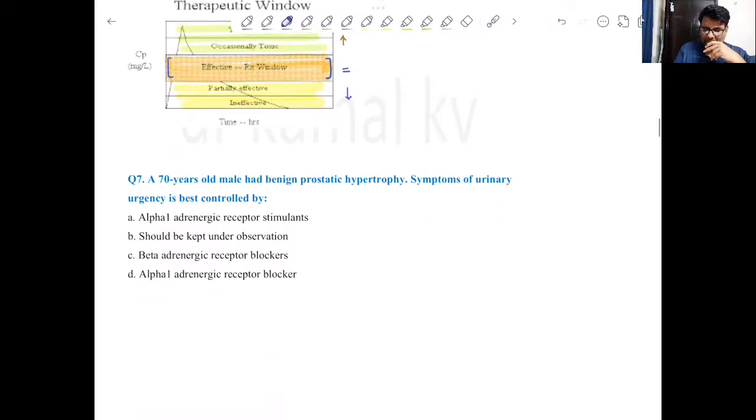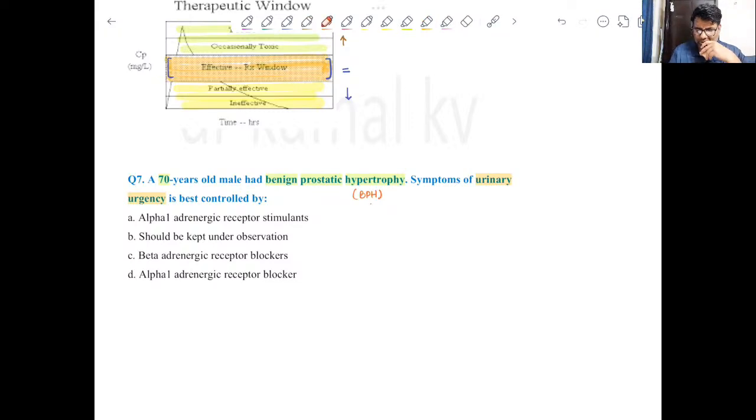Now next question. A 70-year-old male has benign prostatic hypertrophy, BPH. Now which drug will help you in controlling the symptoms of urinary urgency. So for benign prostatic hypertrophy, which drug do we give?